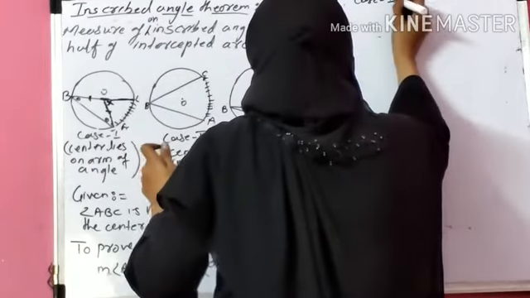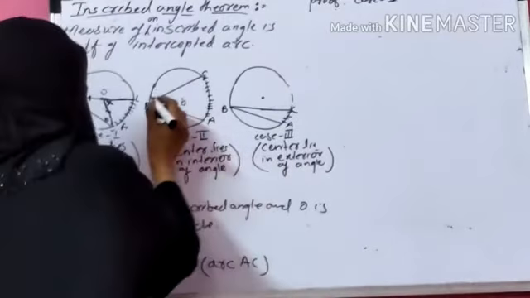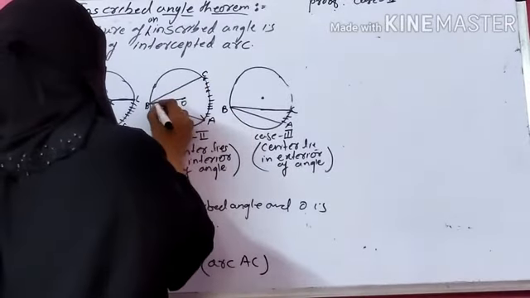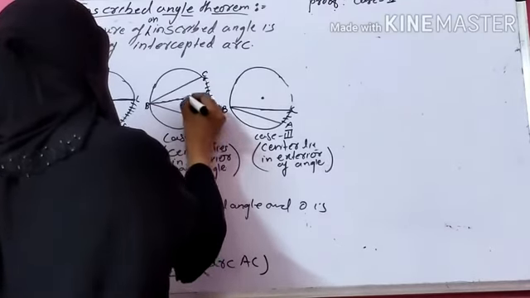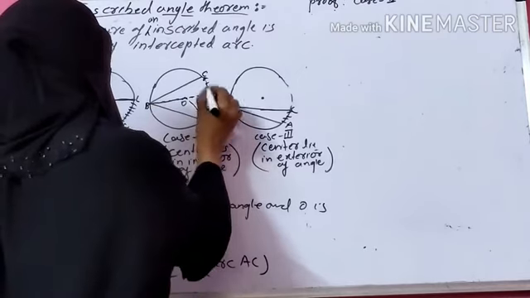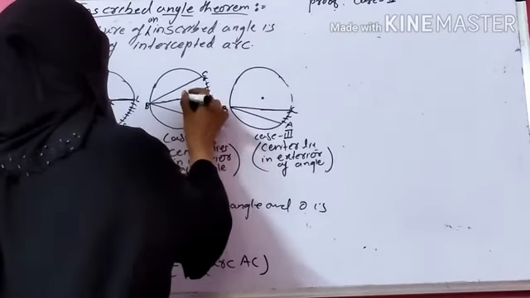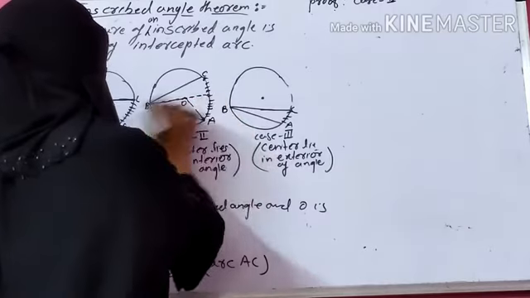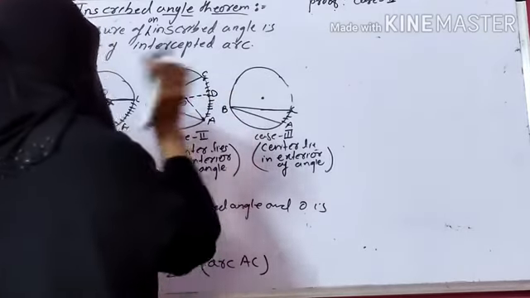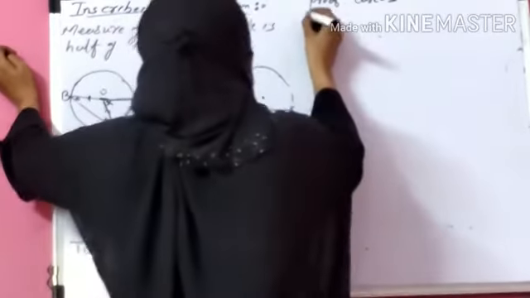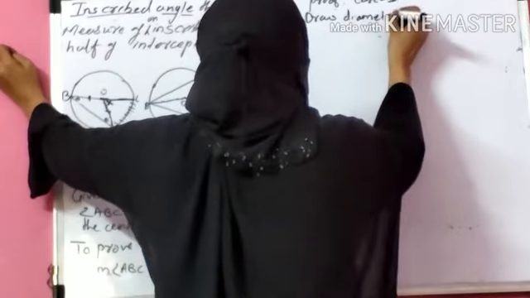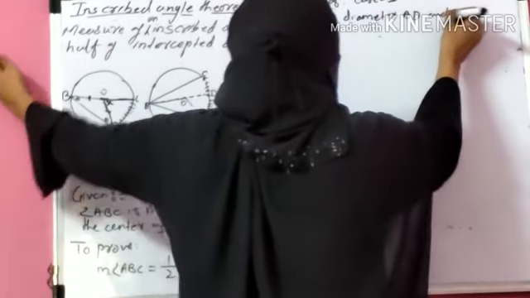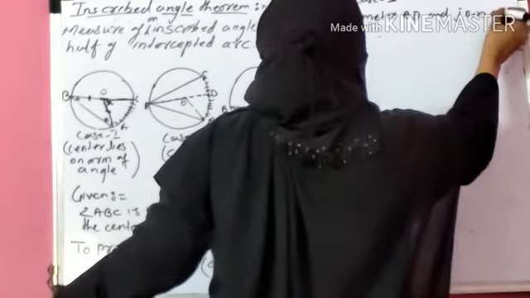Now move to case 2. Draw diameter BD and join OA.